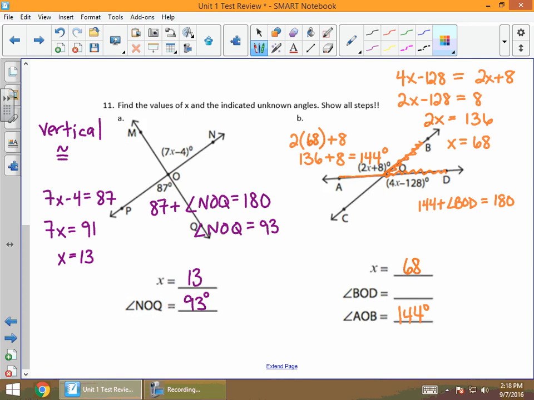So subtract 144 from both sides, and 180 minus 144 is 36 degrees. You'll see when I subtract 144, 36 degrees.